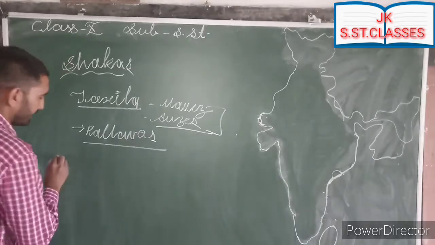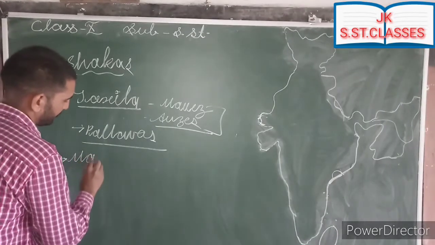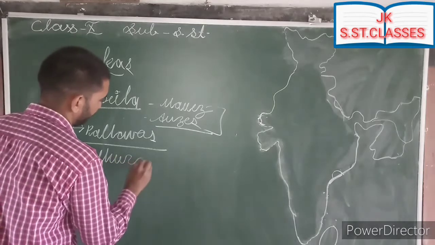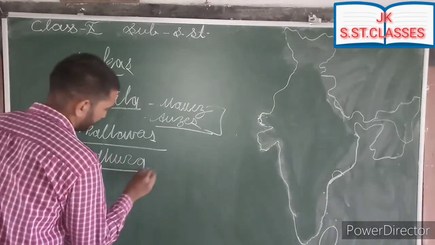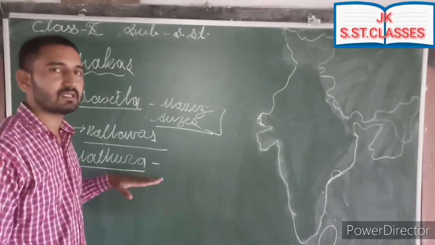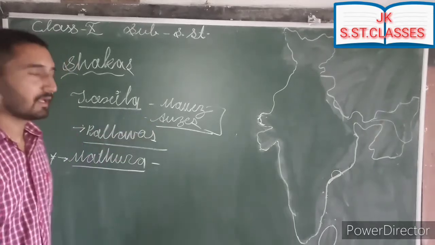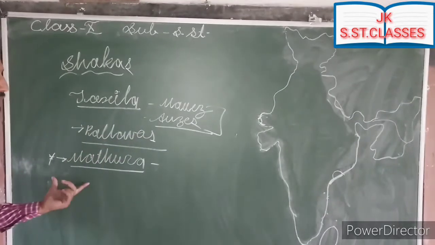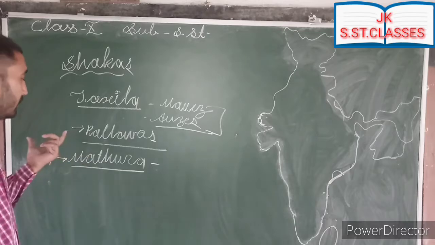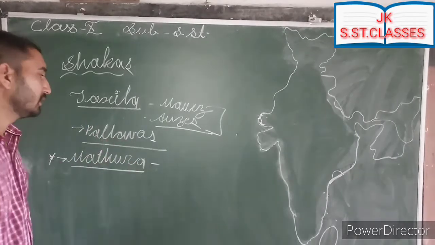After that, the next Shak dynasty was in Mathura. Shakas of Mathura, or the Shak dynasty of Mathura. Now we talk about the major rulers related with the Mathura Shak dynasty.